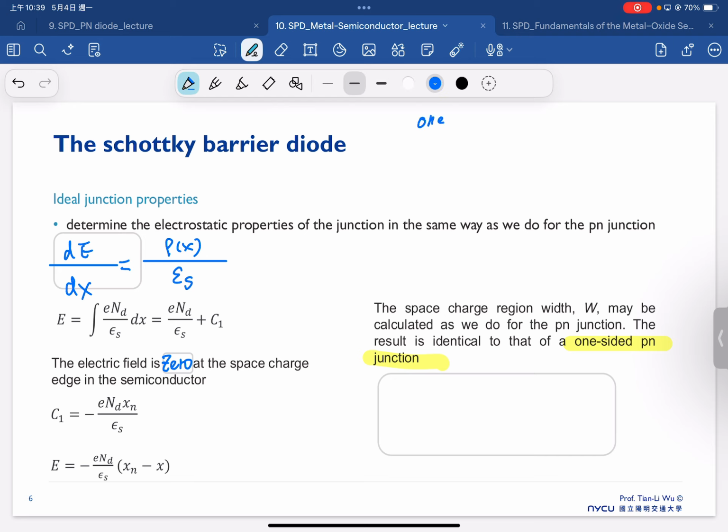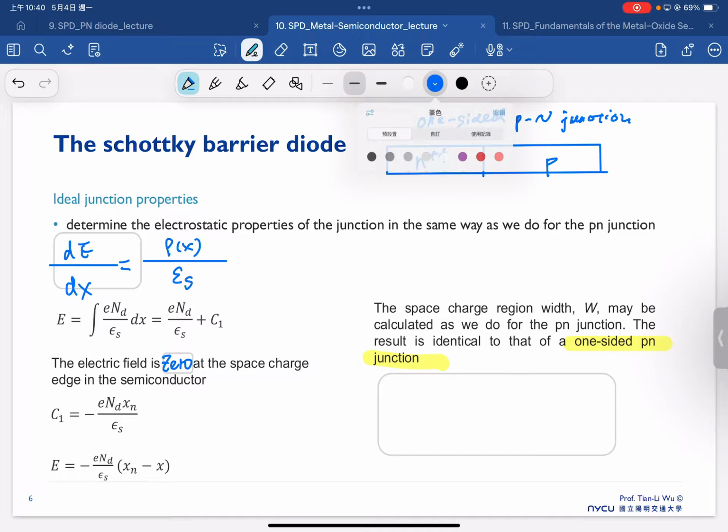The one-sided PN junction is a case where we have the typical P but with a highly doped N++, and therefore the depletion region of this one-sided PN junction, W, can be considered as WP, because the majority of the depletion width will happen in the P region. That's what we call the one-sided PN junction.